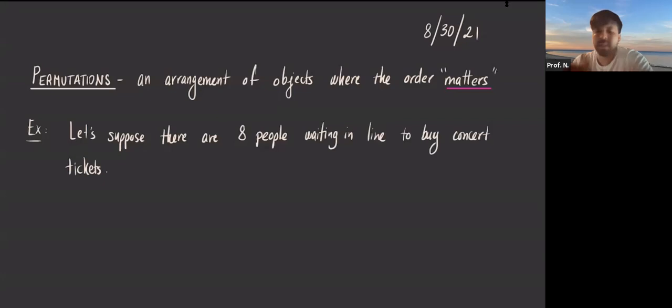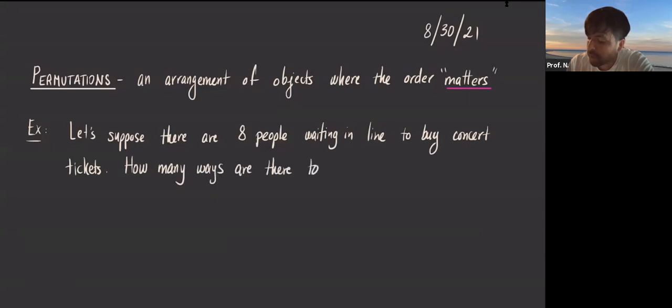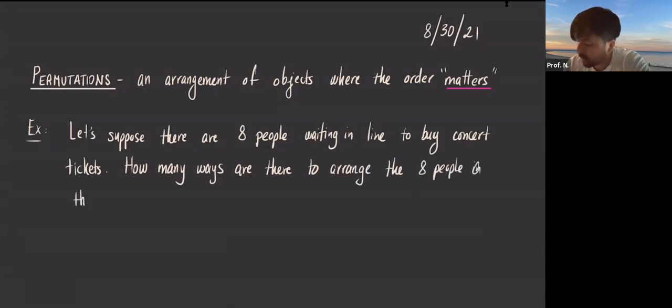And then someone says, you know what, how many ways are there to arrange the people in that line, the 8 people in the line or on the line? I know there's the grammatical question here, on the line.